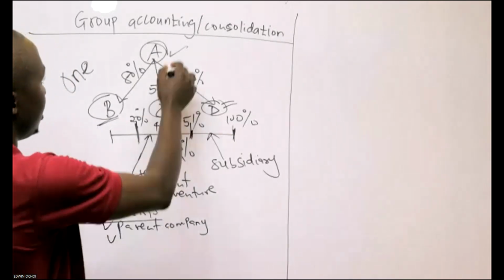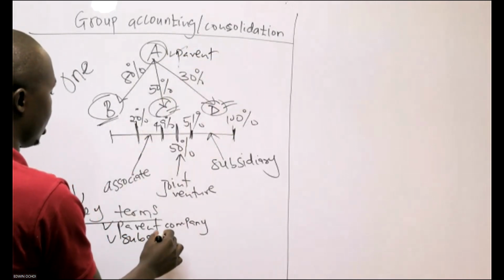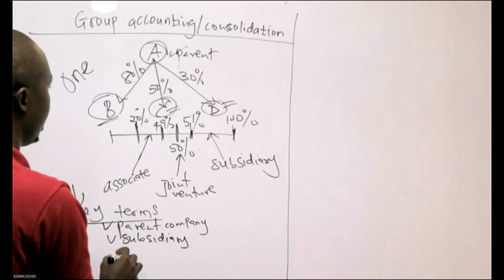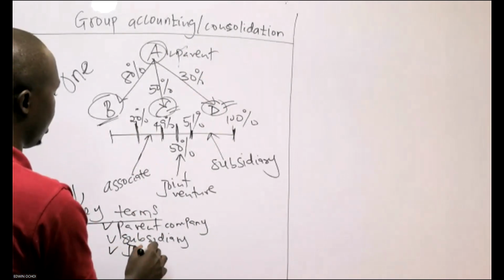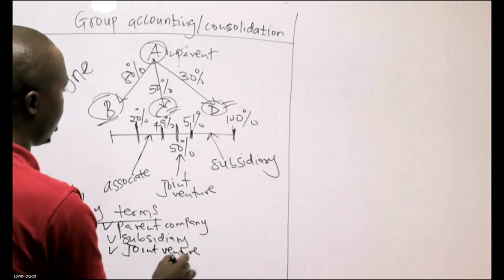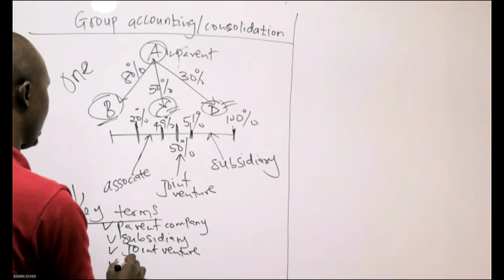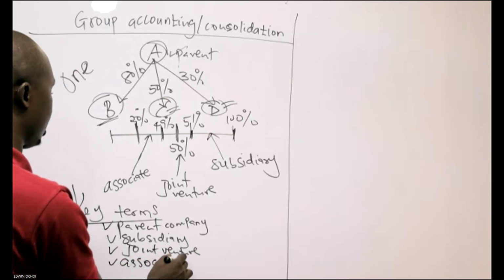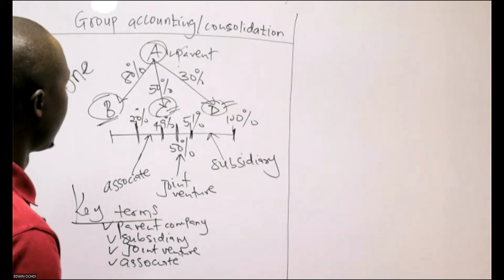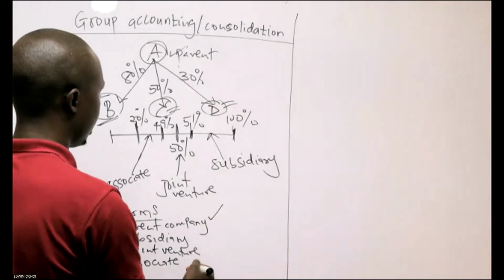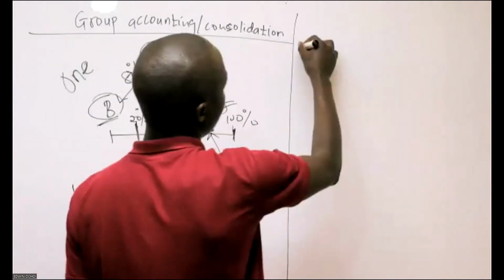Then we have the investee companies: the subsidiary, which I've talked about, other than subsidiary, a joint venture, and other than joint venture, an associate. But the one I want to insist more on is the subsidiary.